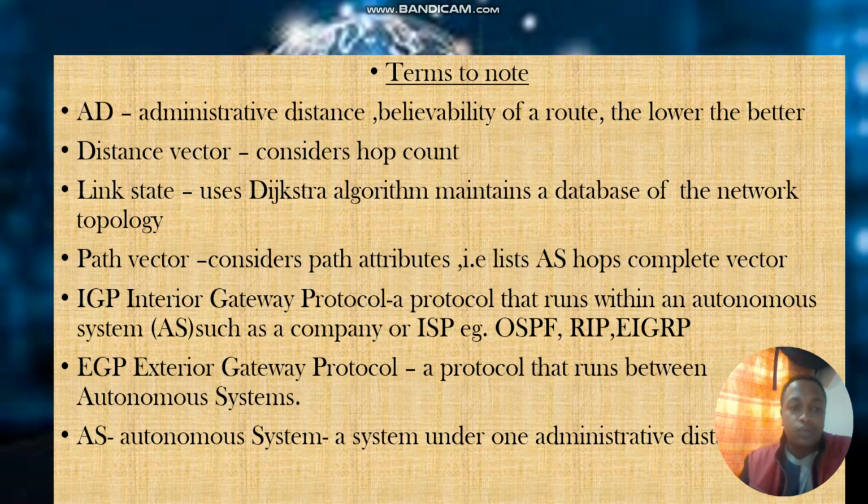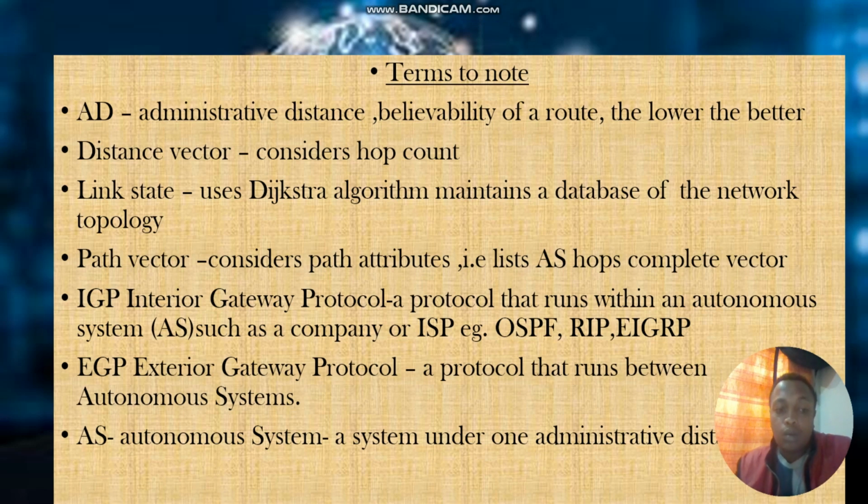We have what we call an exterior gateway protocol, and this runs between autonomous systems and helps us to communicate between those two different autonomous systems.